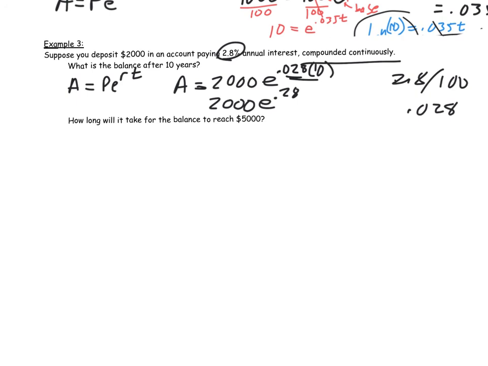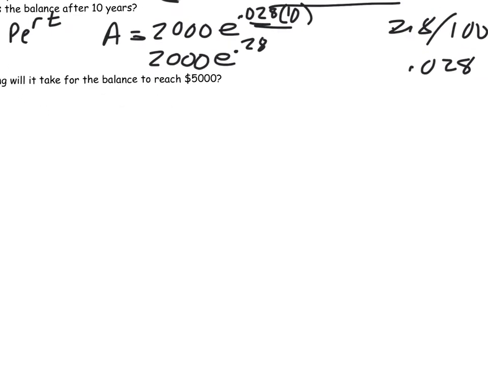It's going to be 2,000. To get that e, just hit the ABC button, hit e. Go back and exponent. What is it? 0.28. There we go. So the 2,000 will go up to $2,646.26.